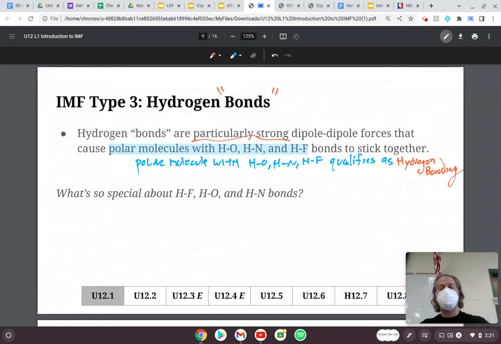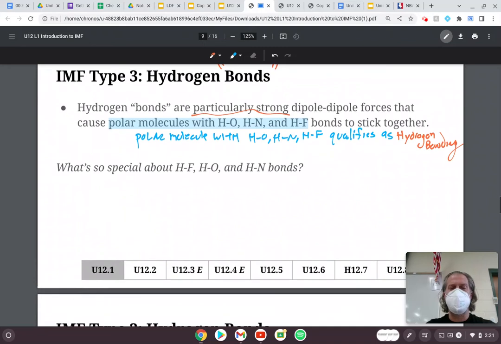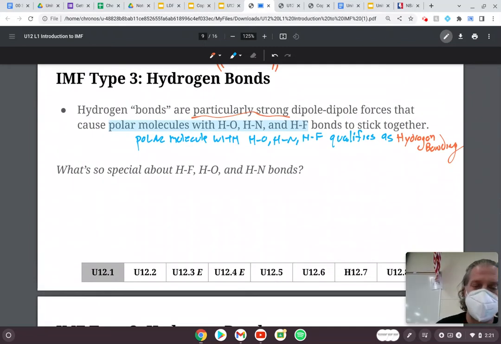So what makes these particular bonds so special compared to the rest of the bonds? So let's talk about that for a minute.